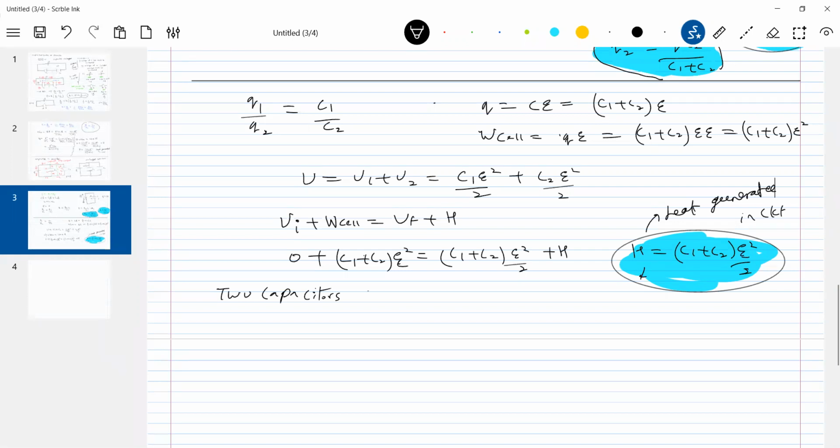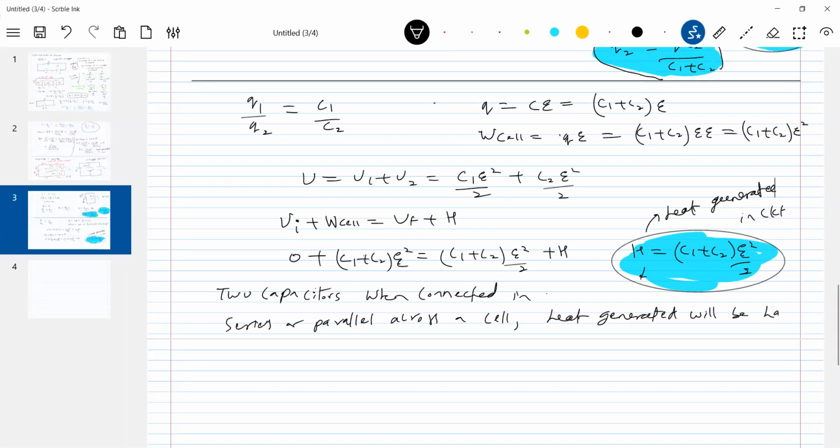Two capacitors when connected in series or parallel across a cell, the heat generated will be half of the work done by the cell.